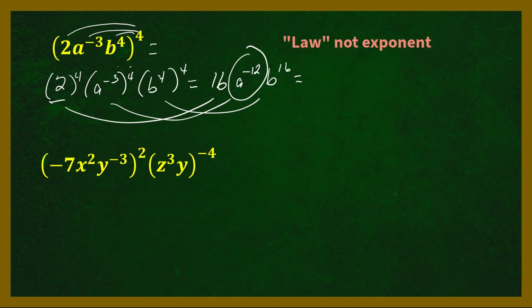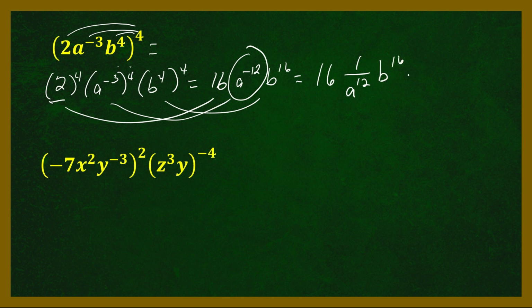That law says when you have a non-zero number, a, raised to the power of a negative number, you can rewrite it as the reciprocal of that number to the positive value of the exponent. So the reciprocal of a to the negative 12th will give us 1 over a to the 12th. Okay, and then we just bring over the b to the 16th.